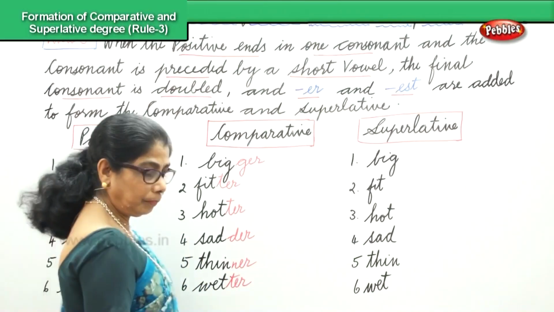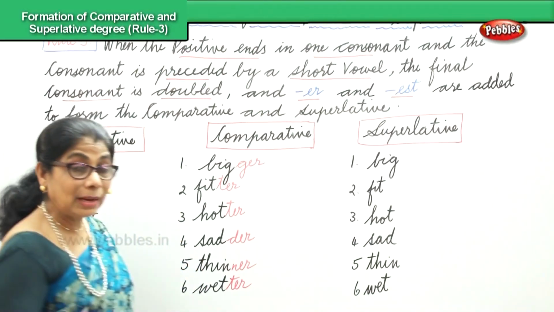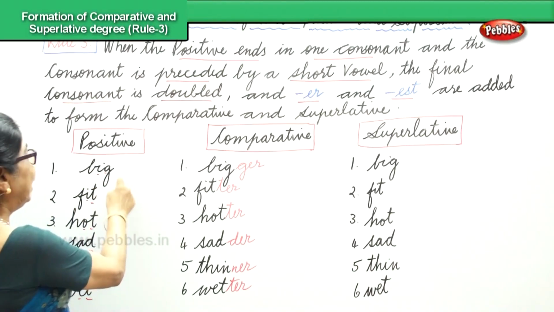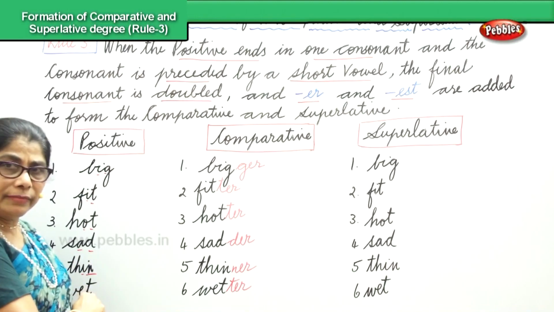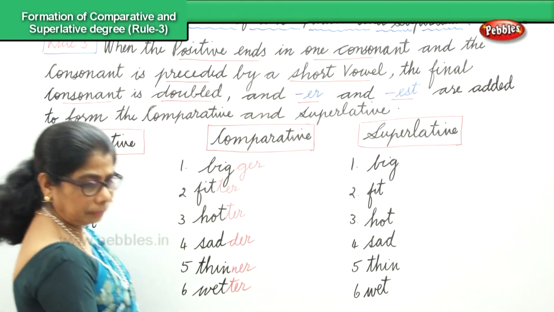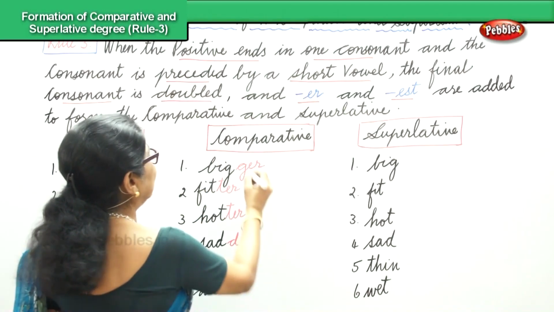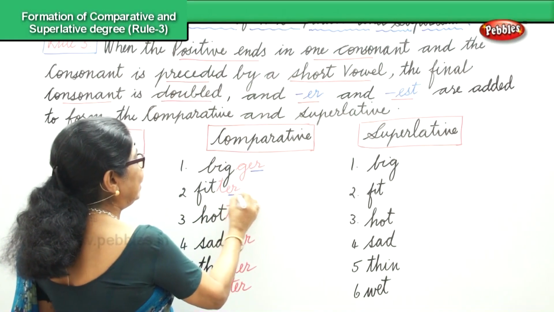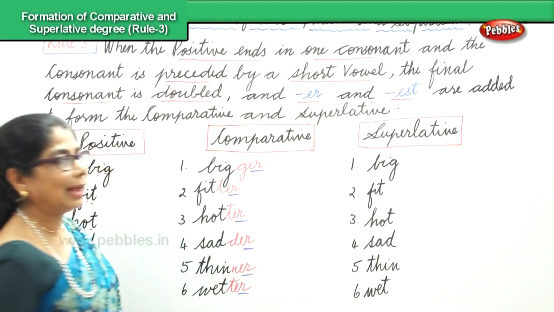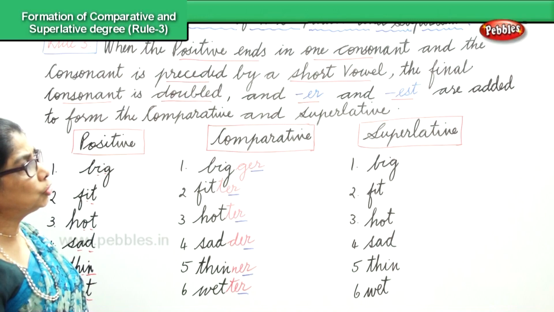What have we done? When the word ends in one consonant preceded by a short vowel, you double the consonant and add ER. Then we get the comparative.